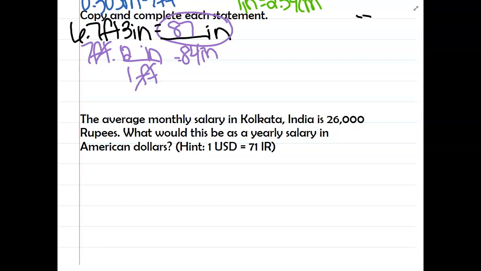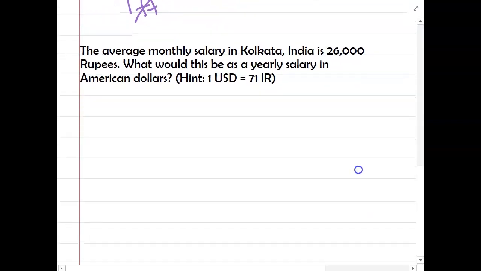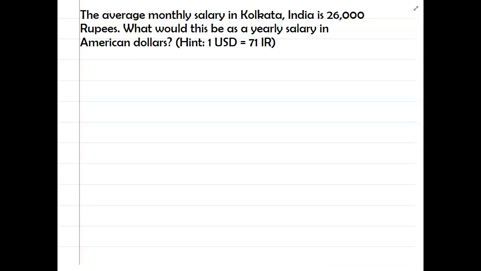Last one here. Okay, this one is a good one. I like this one. So the average monthly salary in Calcutta, India. Where have we heard that before? We did a lot of work in, I know it's spelled different, but we did a lot of work in Calcutta, India. And what's her name? Yeah, Mother Teresa.